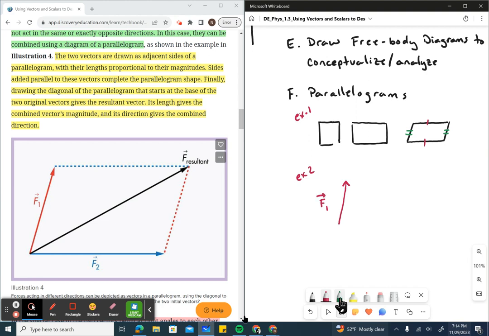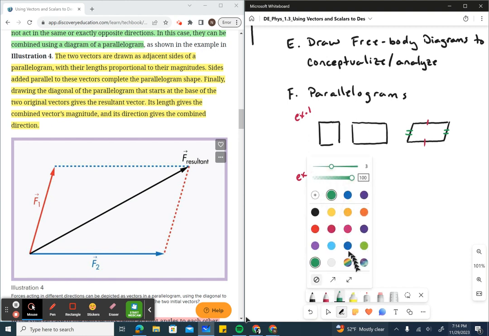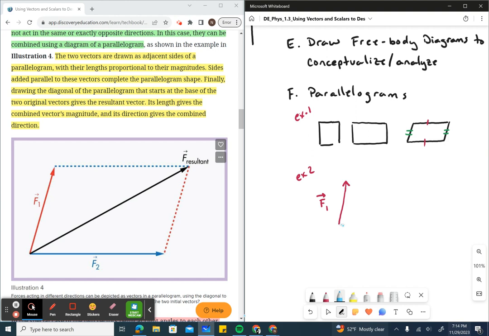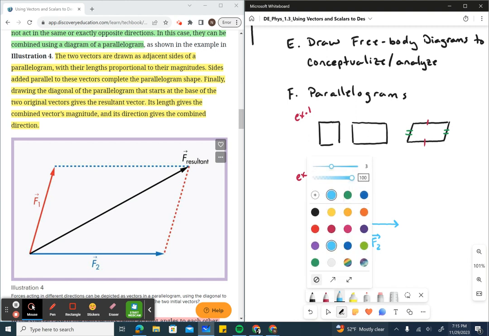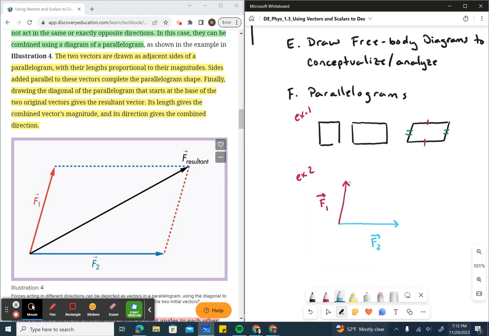And you have another, this is our F2, and it also is a vector, right? So what they did was they said, let's take this blue one, go from the top here, and draw that same arrow. This is where it would be helpful to have a ruler so that you were measuring that exactly the same.